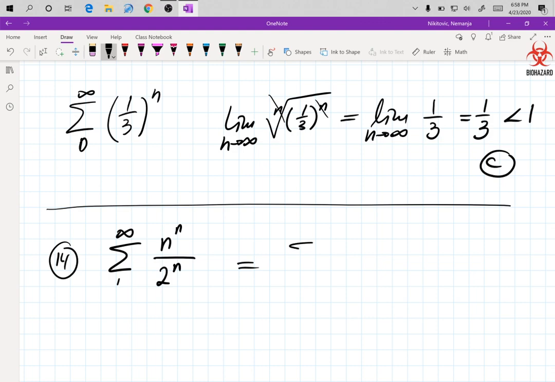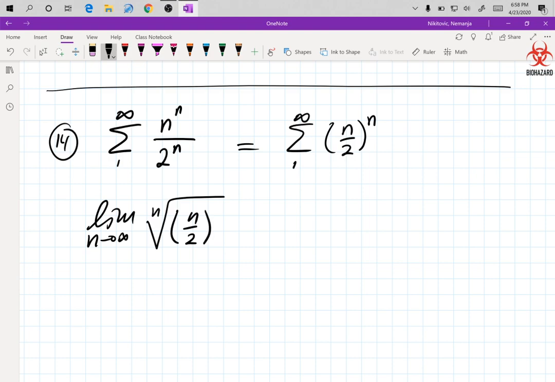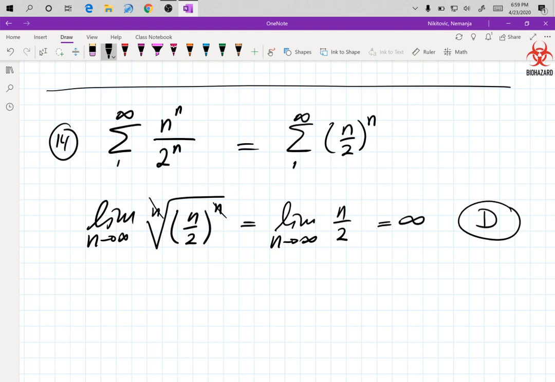We use algebra to put this into (n/2)^n, and then we immediately take the limit as n goes to infinity of the nth root of (n/2)^n. These again cancel, and we just have the limit as n goes to infinity of n over 2. Well, that's infinity. Divergence.